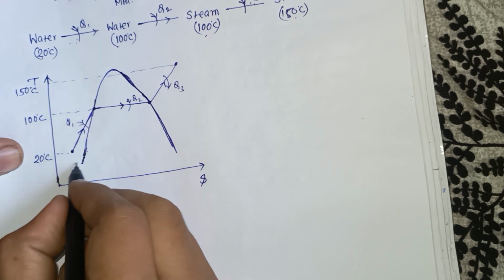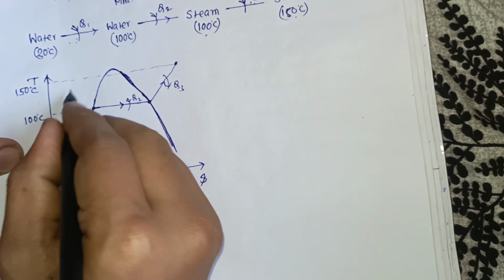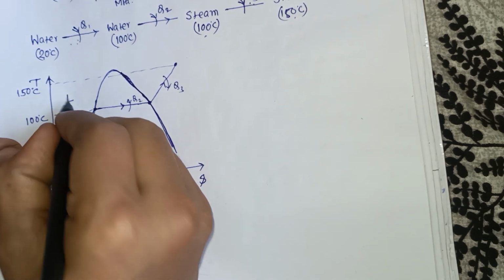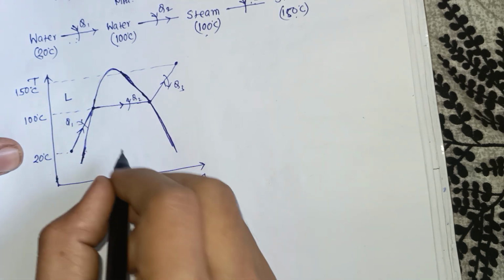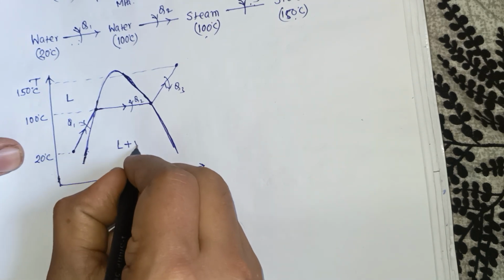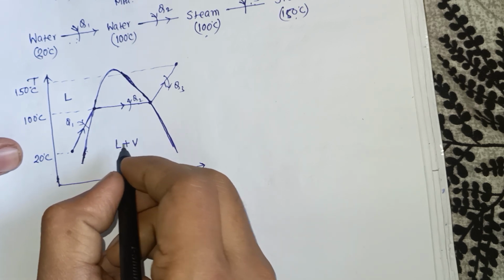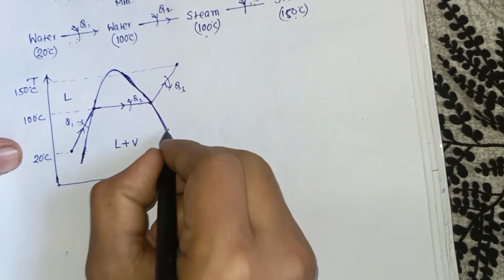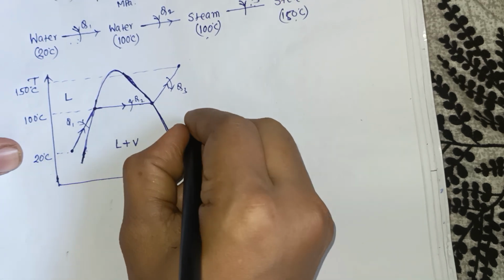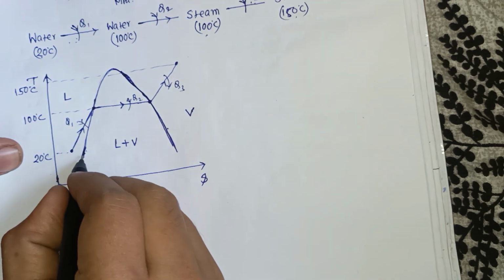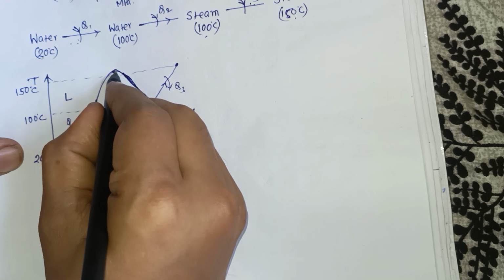Before this dome, this is the liquid region. In this dome there is a liquid plus vapor region, you can say the wet region. Beyond this curve is the vapor zone, and here is the critical point.